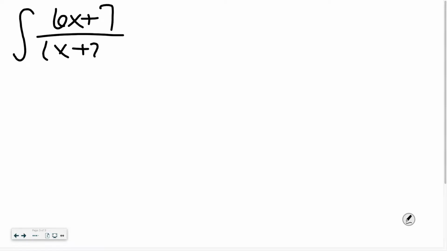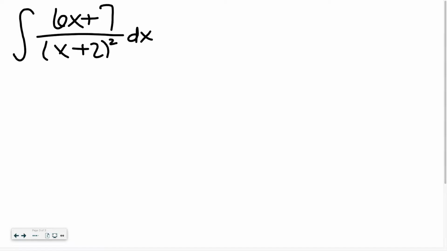All right. Example number 2. It is nice. Now, I wanted to talk about this one because technically how many factors do we have?